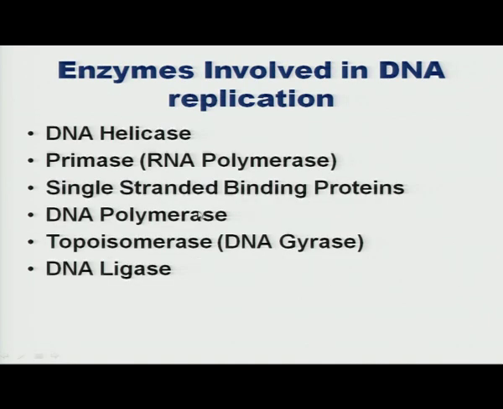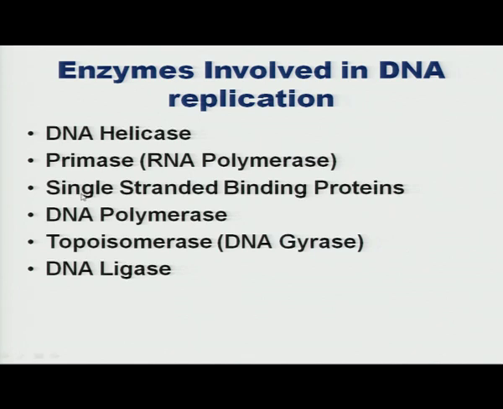Now, what are the different enzymes or proteins which are involved in replication? Here are some of the enzymes. The first is DNA helicase, which helps in the separation of double stranded DNA. Primase enzyme, which is actually an RNA polymerase enzyme, synthesizes a primer, which we will discuss later in this session.